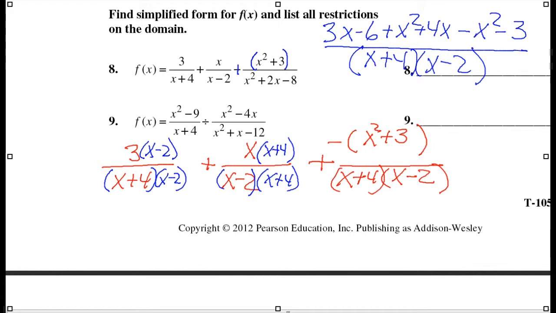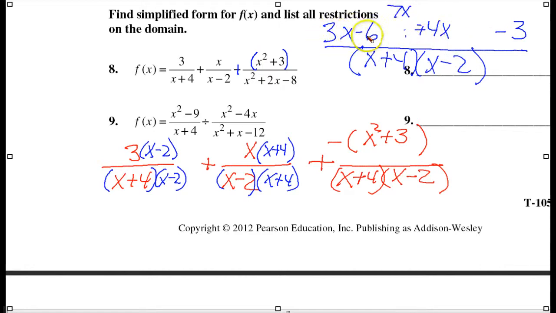Now notice what happens, and I'm going to erase some of this to clean it up here. This is a positive x squared minus x squared. These just cancel out. Now, what do I have left? I have here a 7x as I add a 3x and a 4x together.